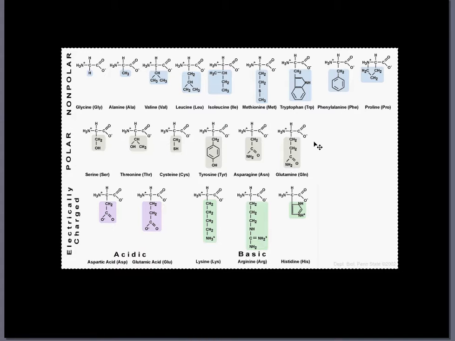So you have different R groups based on what's going on. This chart happens to divide the amino acids up into whether the amino acid itself is nonpolar, polar, or electrically charged. And if it's electrically charged, it basically means that it could have something there, or it could have the ability to lose it.